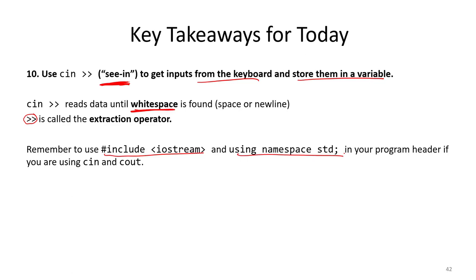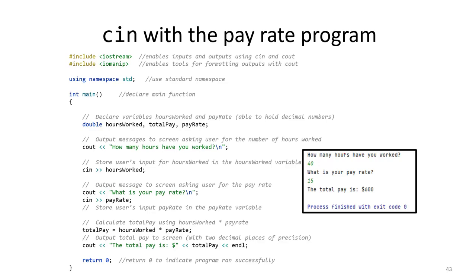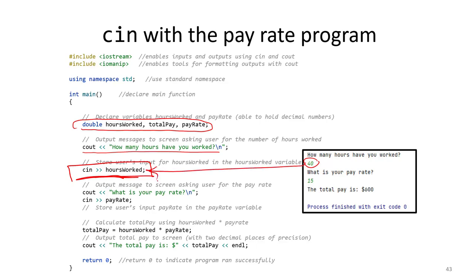So let's take a look at an example of cin with our pay rate program. Now we have our variables, hours worked, total pay, and pay rate. We can ask our user, how many hours have you worked? And notice we can use cin hours worked to take the data from the keyboard and store it in hours worked.